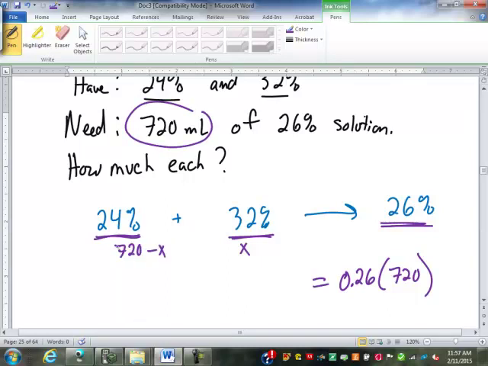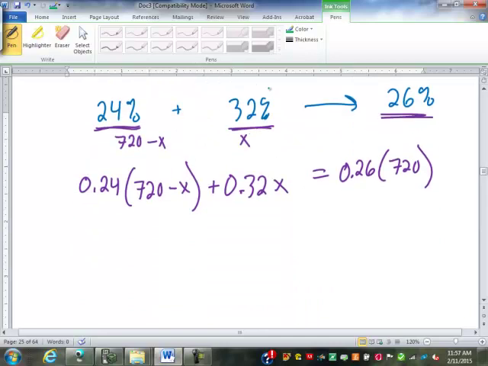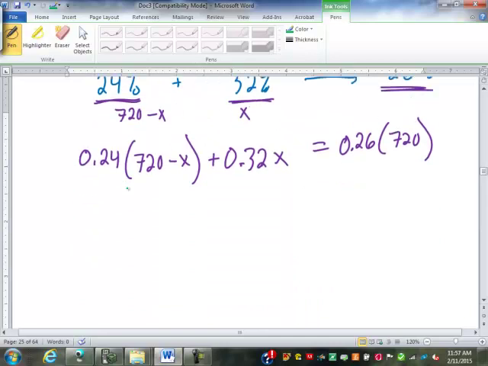So the amount of medication in the 24% will be 0.24 times 720 minus x, plus the amount in the 32% is 0.32 times x. And now we can solve.